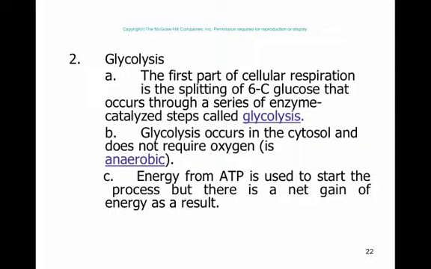It occurs in the cytosol and does not require oxygen, so it's anaerobic. Energy from ATP is used to start the process, but there is a net gain of energy as a result, and there is a net gain of 2 ATP.